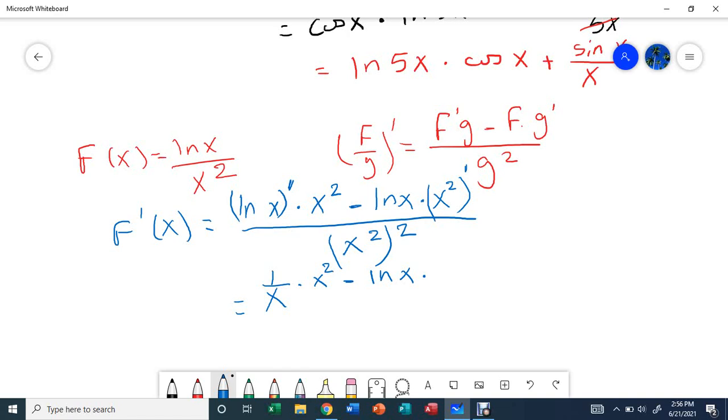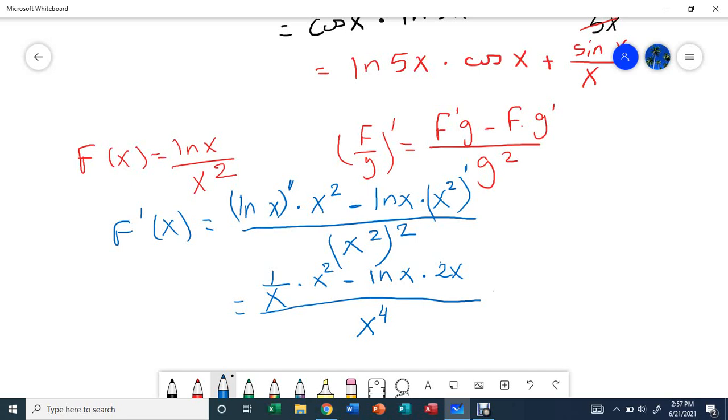What rule are you using? Not the product rule, I mean the power rule. So the derivative of it is 2x. Divided by x squared, the whole thing squared, which is x to the 4th.